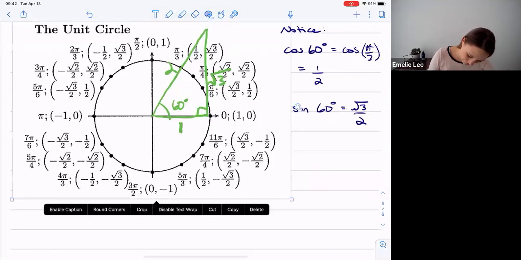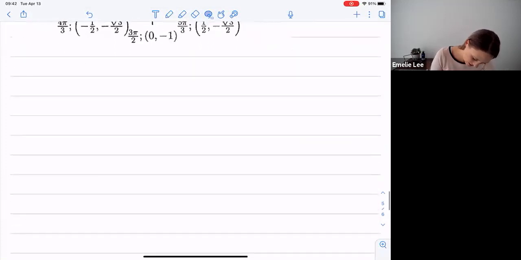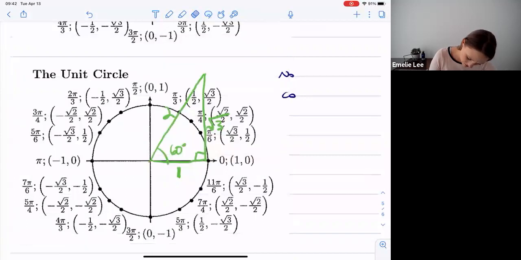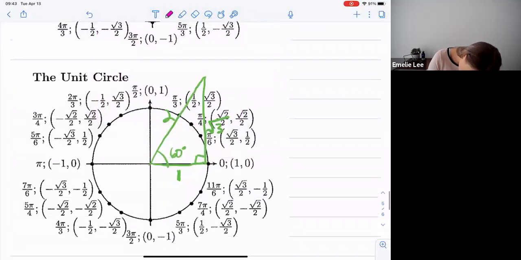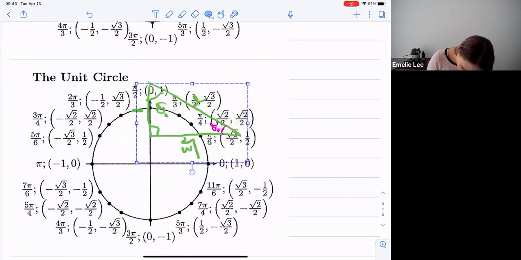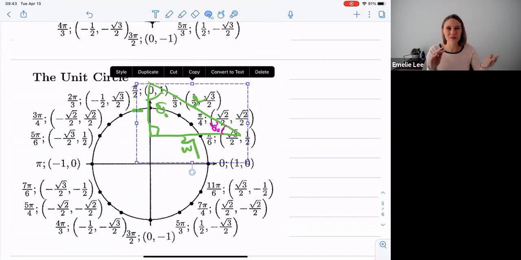I'm going to copy, paste, oops, and I wonder if I can just grab this here, because notice that this is at 30 degrees. Okay, well, I kind of want it going the other way. I want to flip it.